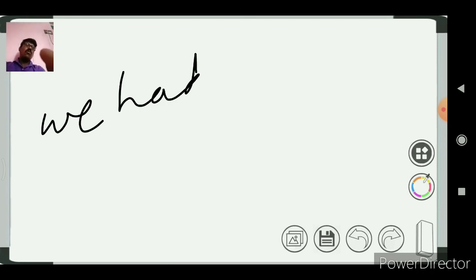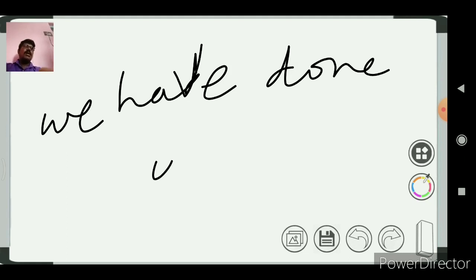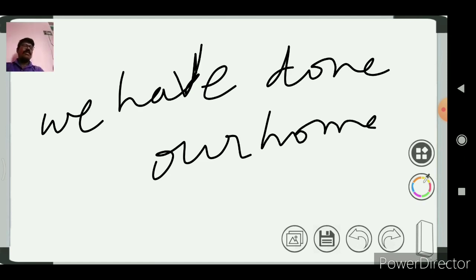So one more. A very little typical sentence it is. We have done our homework. Observe here. What is the verb?